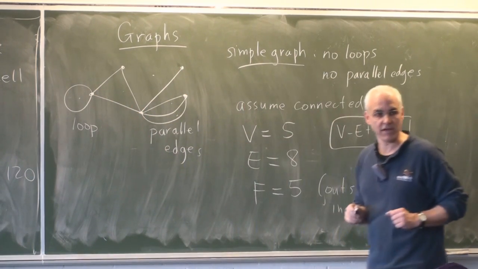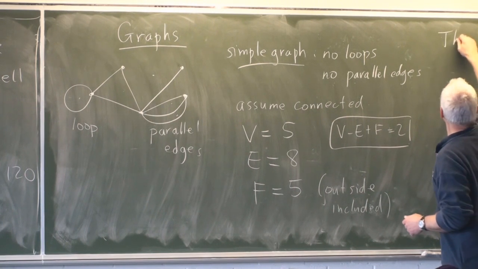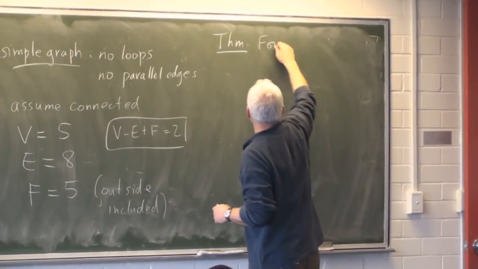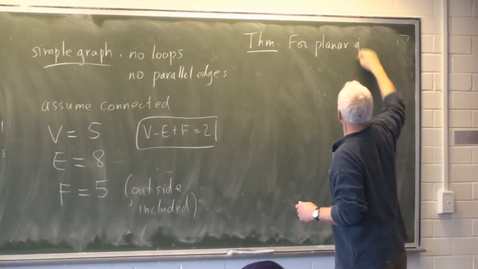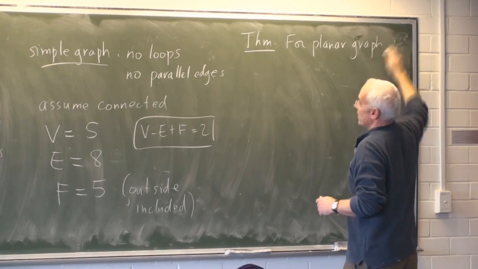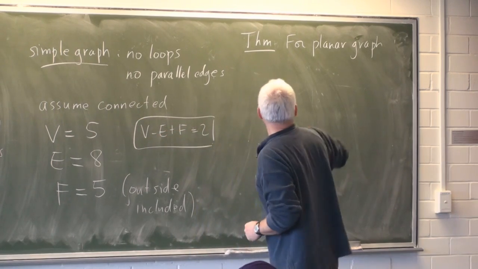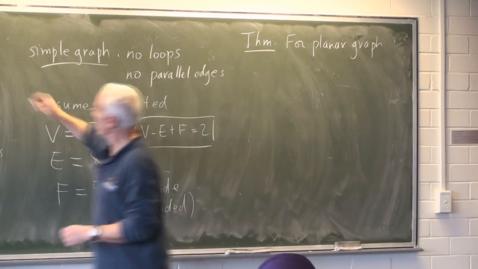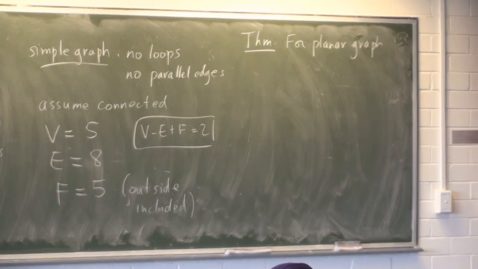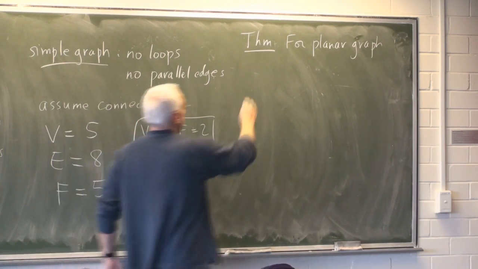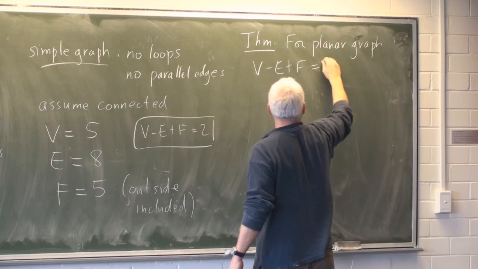So here's a theorem: for a planar graph, in other words, one that you can draw on the board just like I've done, with no crossing over, because if we crossed over, then it's painful to count what exactly are the faces. So it separates the plane nicely into pieces that we can count, the faces. So for a planar graph, V minus E plus F equals 2.